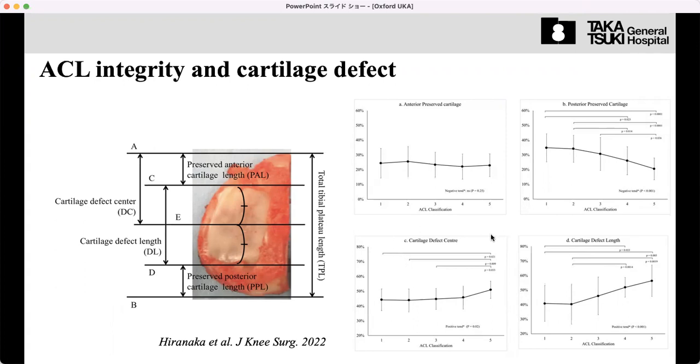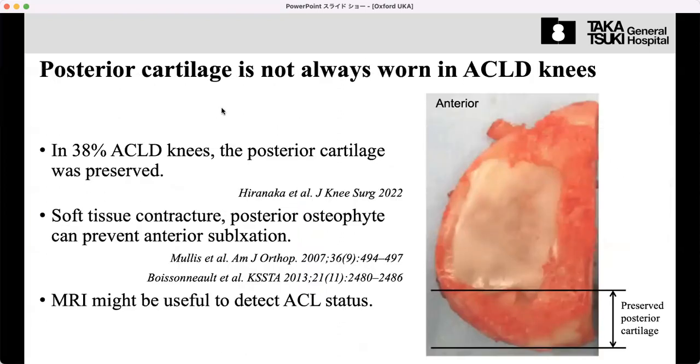The location of the cartilage defect moves posteriorly, and the length of cartilage loss increases according to the damage to the ACL. But in fact, some patients have normal posterior cartilage even if they have an ACL deficiency, because of soft tissue contracture and posterior osteophyte.